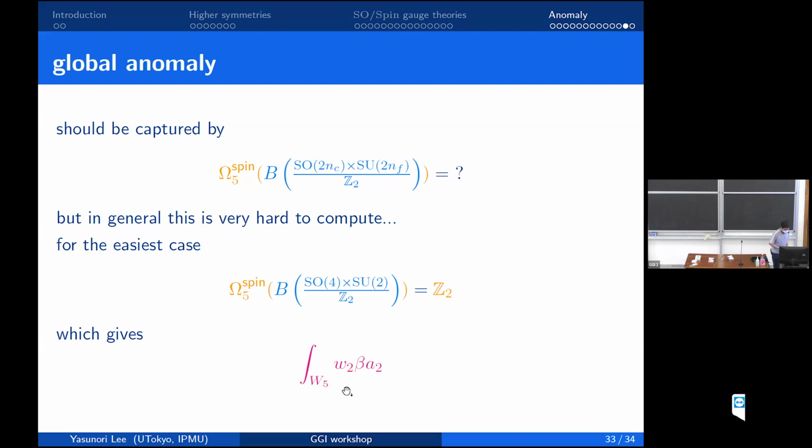Yeah, sure. What he's saying is that as soon as you find what the anomaly is, you will have to find a way to cancel it if you want to integrate over the SO and C part. If you want to gauge the SO2 and C part, once you know what the anomaly is, you will have to find a way to cancel it.